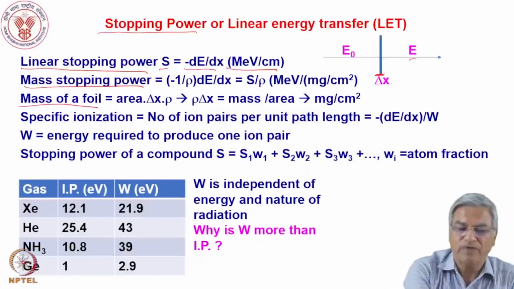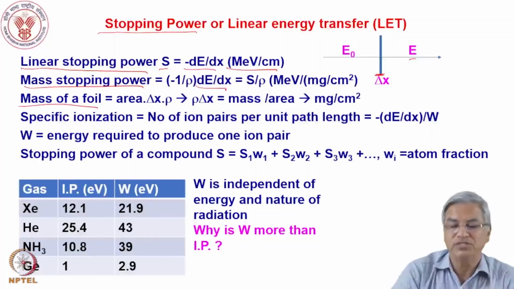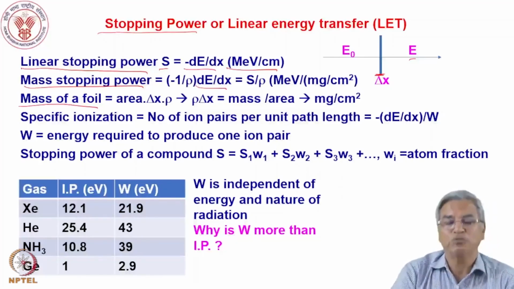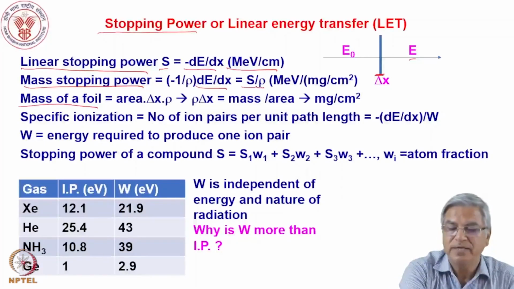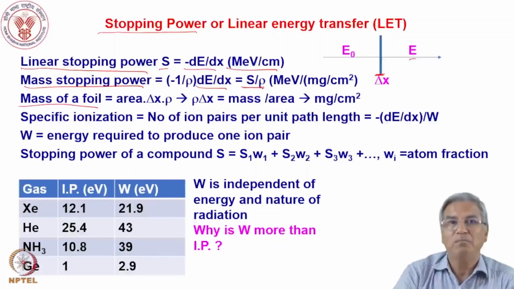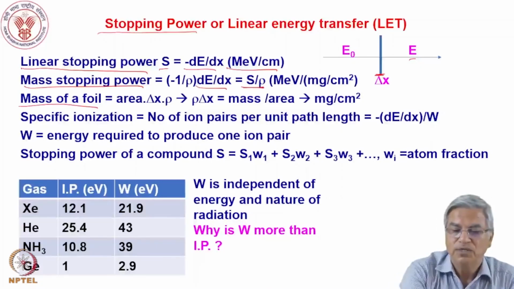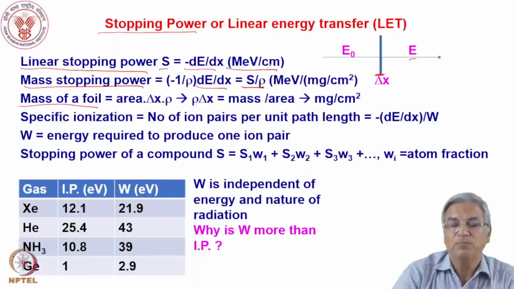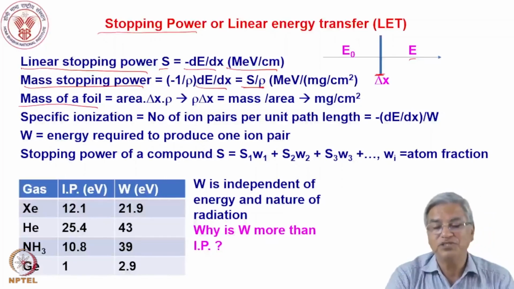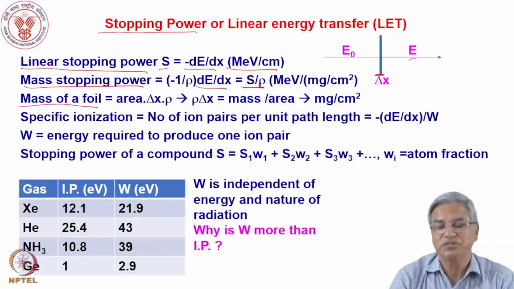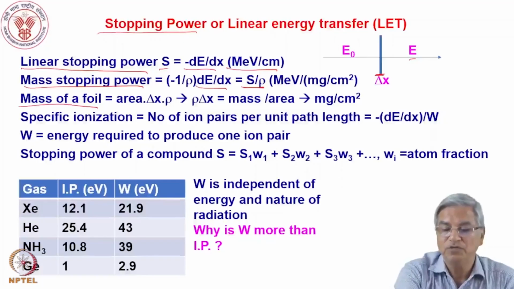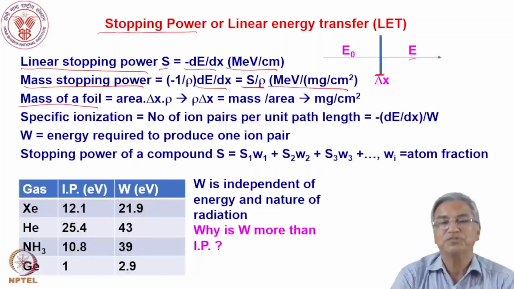If you divide the stopping power by rho, the density, we call it the mass stopping power, S by rho. If you divide MeV per centimeter by density in gram per centimeter cube, you are left with MeV per gram per centimeter square, or milligram per centimeter square.